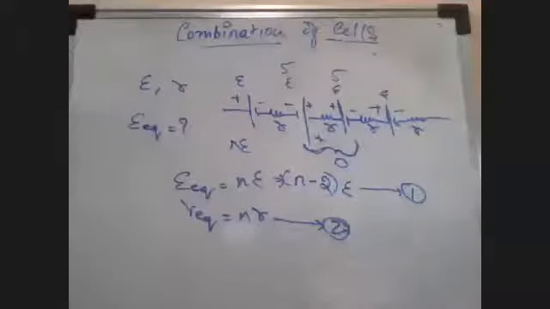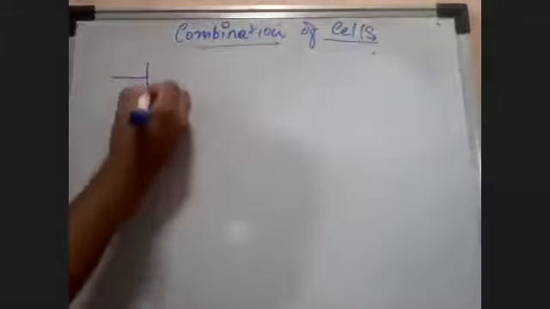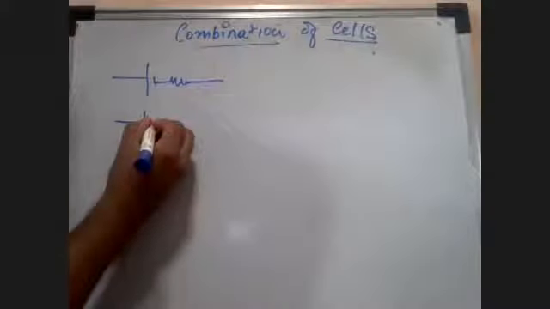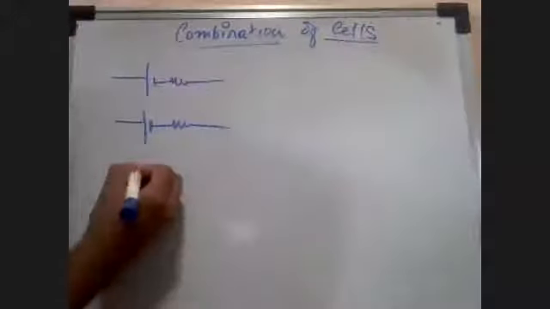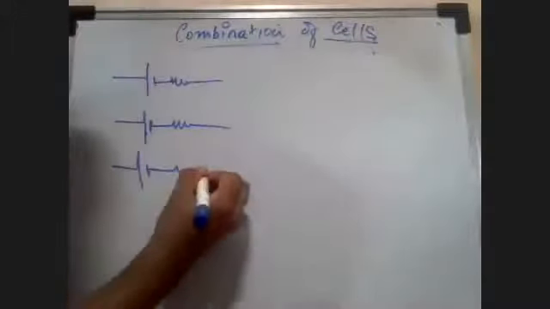Let's come to a different topic, that is potential in parallel. Basically they are internal resistors in parallel. So see, we take one potential, we take a resistor. We take one potential again, we take a resistor. Another potential, and how many times can I take this? N times, of course.